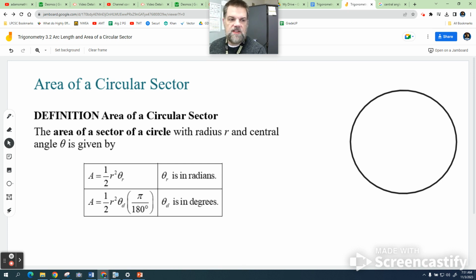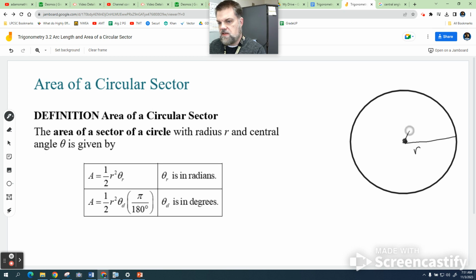We're going to focus on, for this section, just like the previous section, remember that a circle, from the center of the circle to the edge, that's the radius.